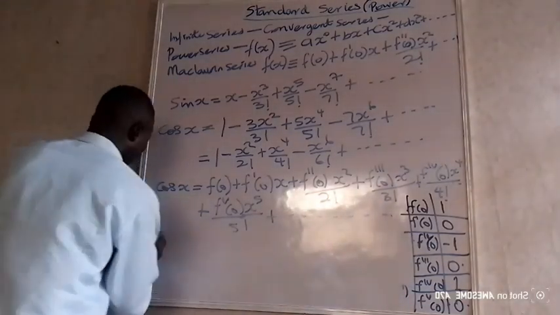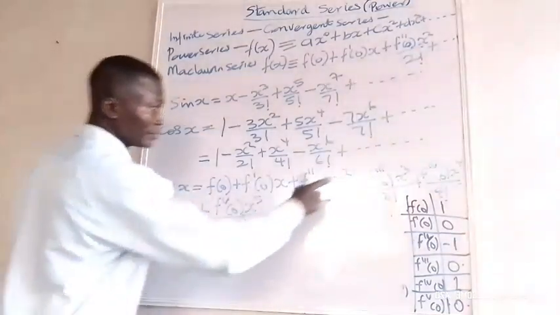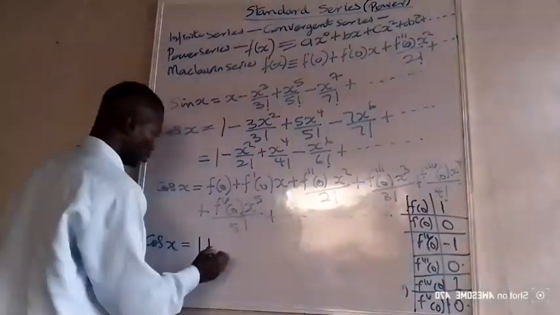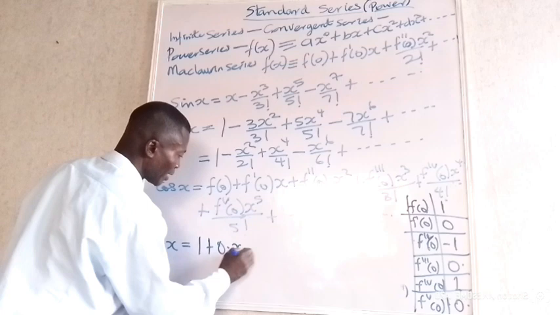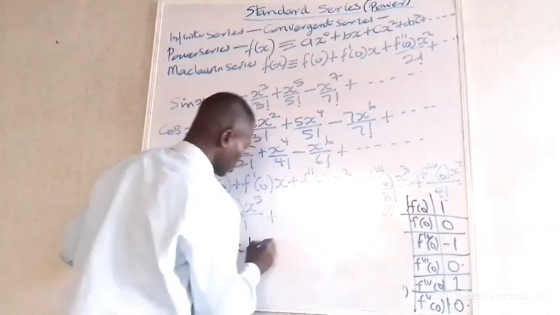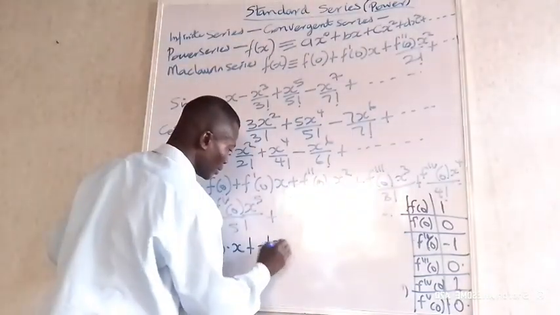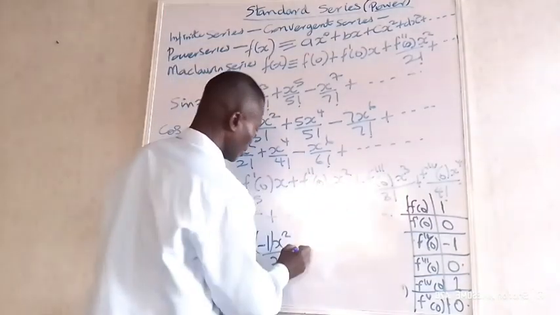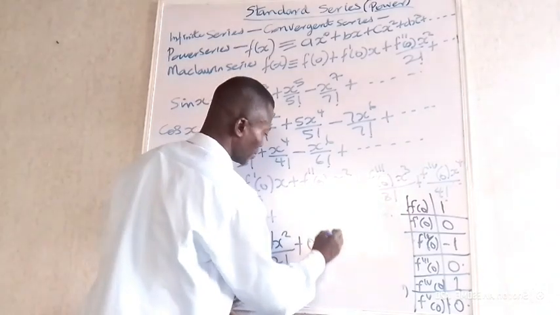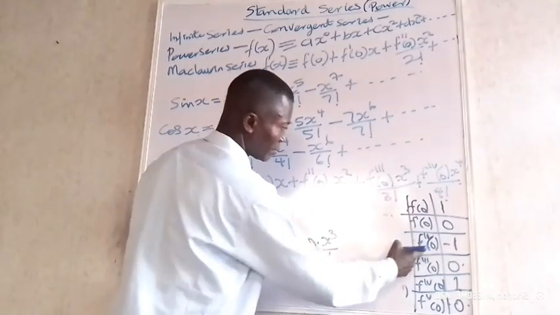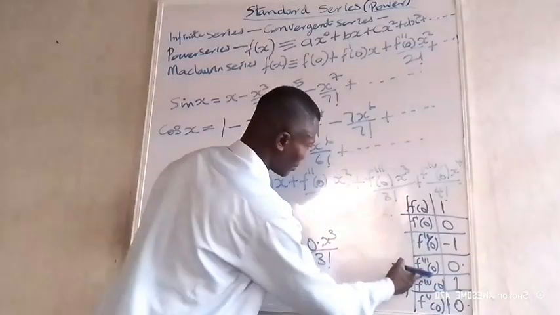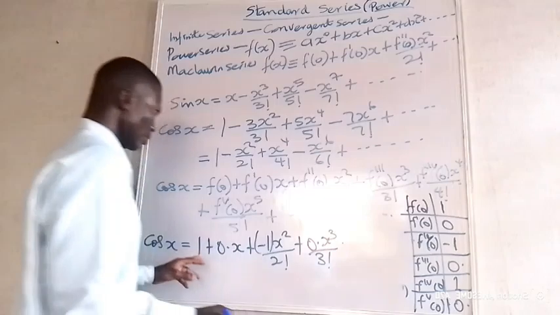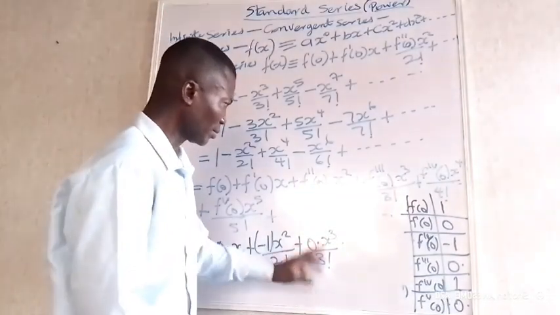So cos x is therefore 1, plus 0 times x, minus 1 into x squared over 2 factorial, and then 0 into x cubed over 3 factorial, plus, I think that should be 1, 0, minus 1, 0.